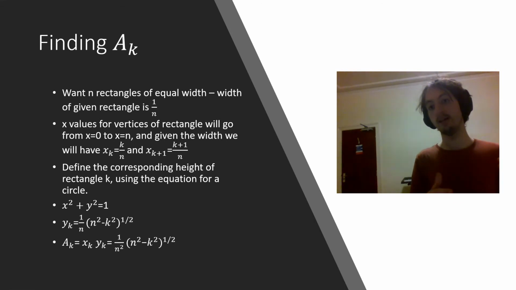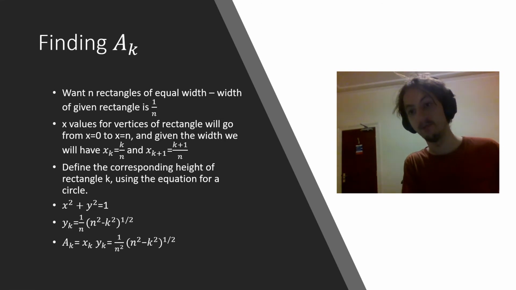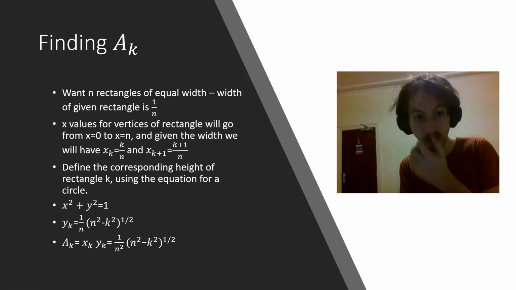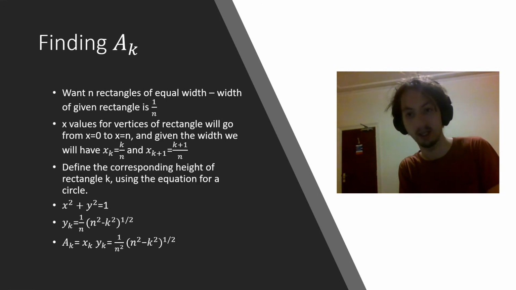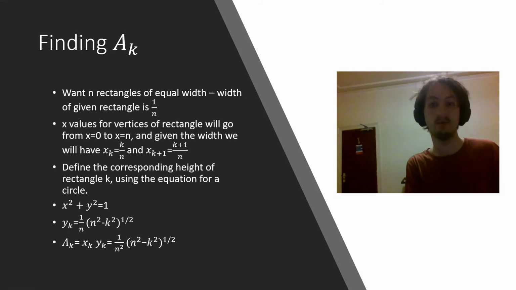And now we've got the value of x for the kth rectangle, we can calculate the corresponding value of y. So we use Pythagoras' theorem, which essentially defines the circle. I won't be going into too much detail of this, but the equation for a circle of unit radius, which is given essentially by Pythagoras' theorem, is just x squared plus y squared equals 1. I won't worry too much about knowing the derivation for that.